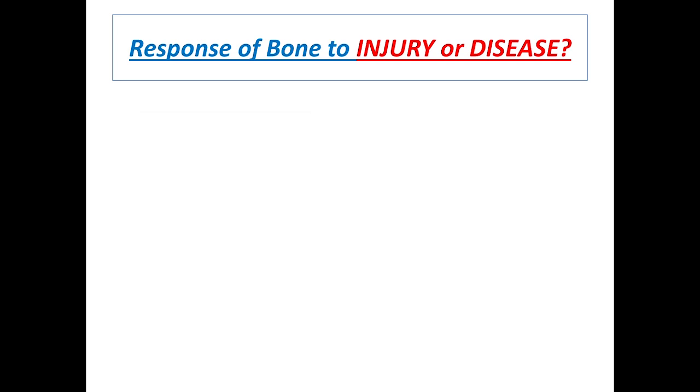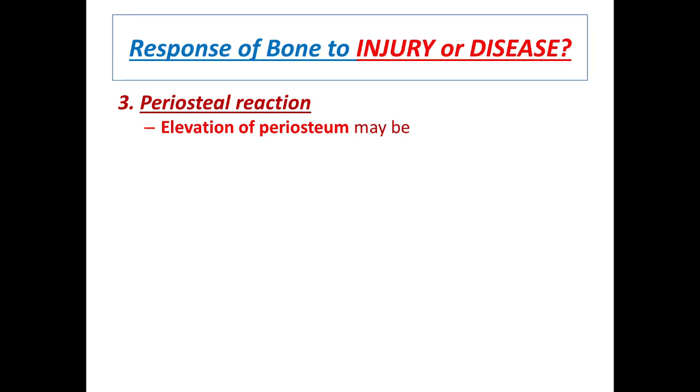Then there is a periosteal reaction that is very important in osteomyelitis, bone tumors, either benign or sometimes malignant, and many other conditions. Whenever there is elevation of the periosteum or a periosteal reaction, it may be laminated, like onion skin.